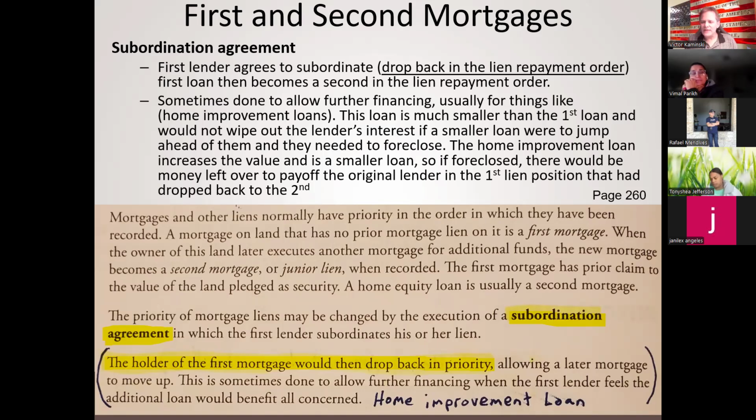So it's little risk to the lender that holds a primary lien position to drop back under this much smaller loan. In the event that they don't get paid back and they have to foreclose, they're going to get paid back the little money that's owed to them, and then the big loan behind them gets back the rest. And because that loan was used to increase the value of the property anyway, it's not a big threat. That's why it's okay. You understand the concept where that would take place?